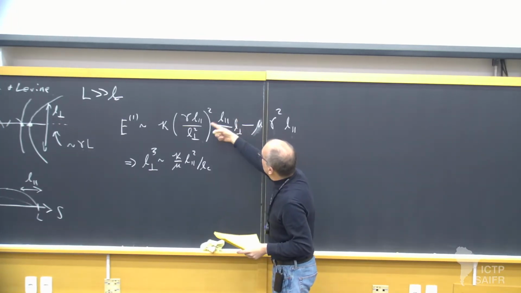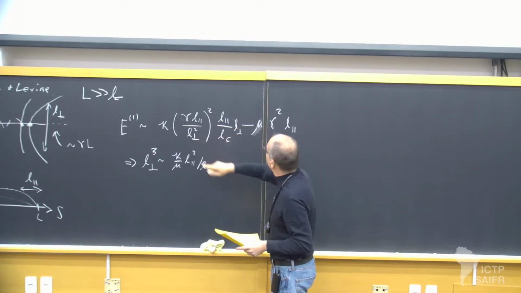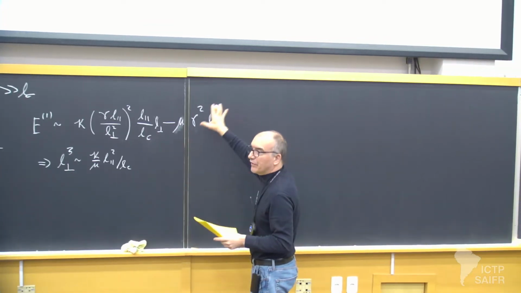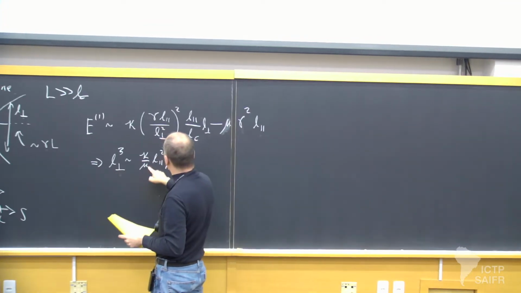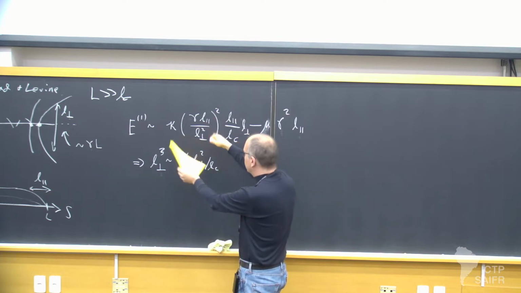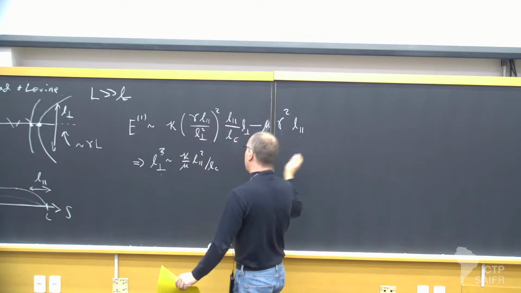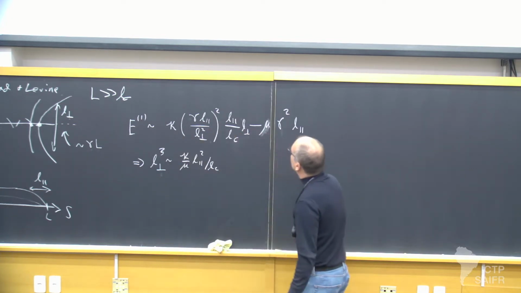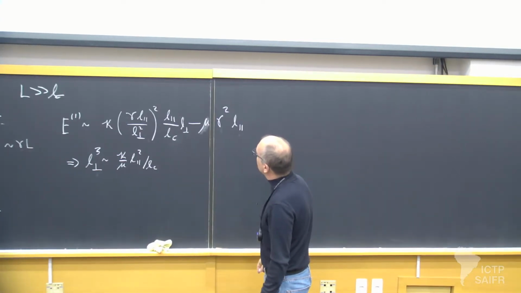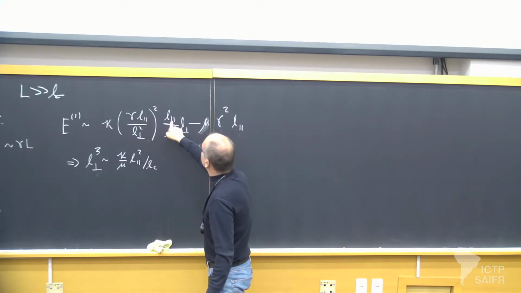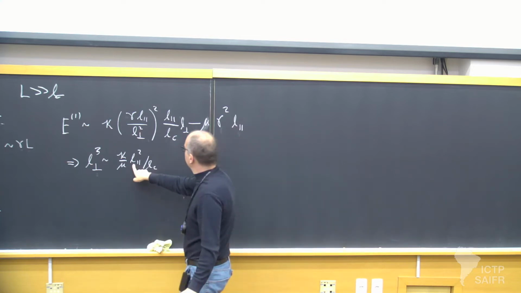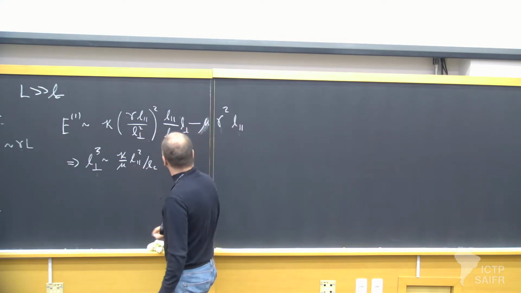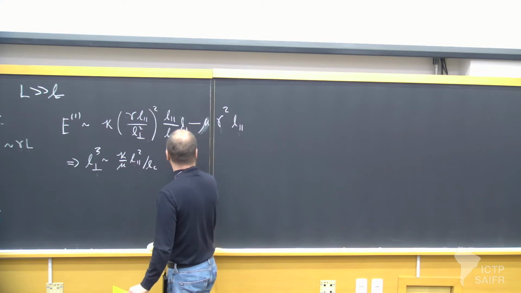I've got an overall 1 over L perp cubed, and I'm going to compare it with other stuff. So I'll solve, and I'll get L perp cubed is proportional to, well, take all the other terms to the other side of the equation, you get this. L parallel appears squared because I have 3 of them here, 1 of them there. OK. Now, I should define for you a new length.